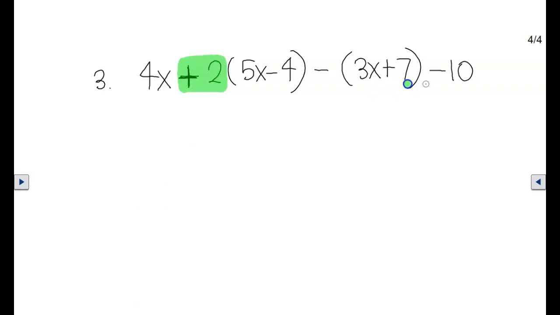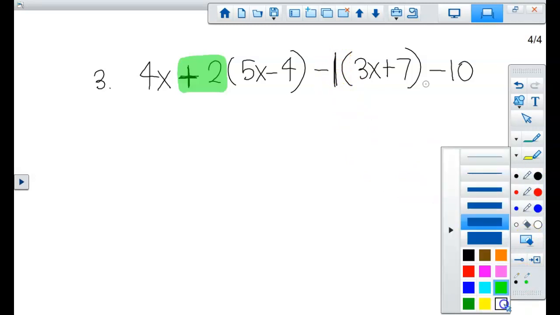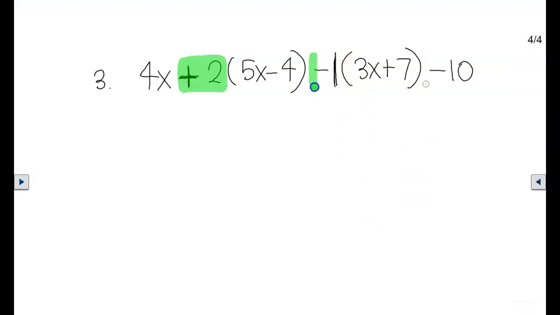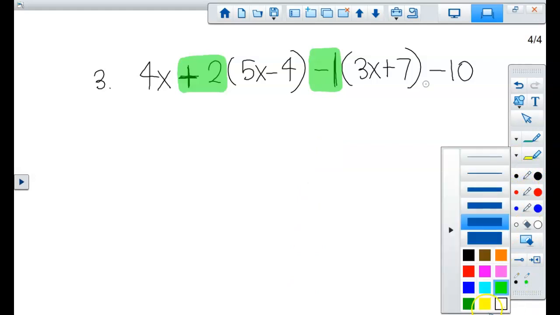Now when I come over here and look at this set of parentheses, right in front of it, I don't see a number. I see a minus sign, but no number. So I know what to do there. I know that means there's a 1 there. That 1 is going to get to keep that minus sign. So on this group, I'm going to distribute the number negative 1. Always look directly in front of your parentheses to see what you're distributing.